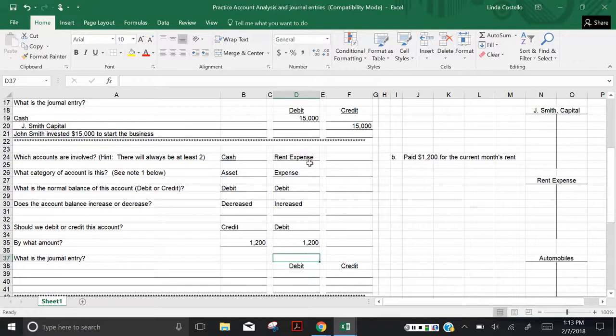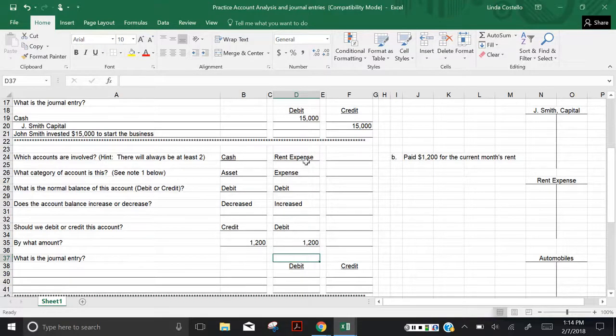And the journal entry falls out from that analysis. This analysis says that we must debit rent expense for $1,200 and credit cash for $1,200. And when we write our journal entries, we always list our debit accounts first, then the credit accounts for that journal entry.